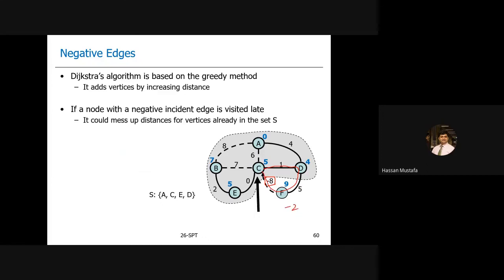If I keep repeating this cycle, the cost would keep decreasing, minus 2, minus 2, minus 2. It means that if there is a negative cycle in the graph, the Dijkstra algorithm actually goes into an infinite loop, because it's a greedy algorithm and it would always try to reduce the cost of one node. So we would get stuck in this loop. We cannot run the Dijkstra algorithm to find the shortest path if there are negative edges in the graph.